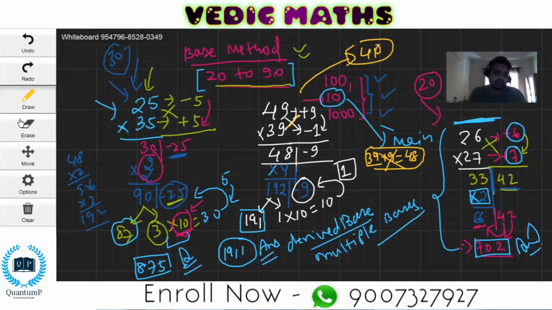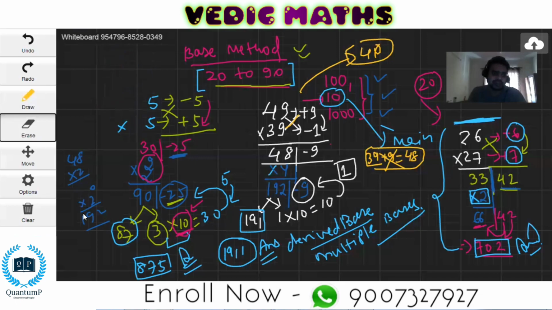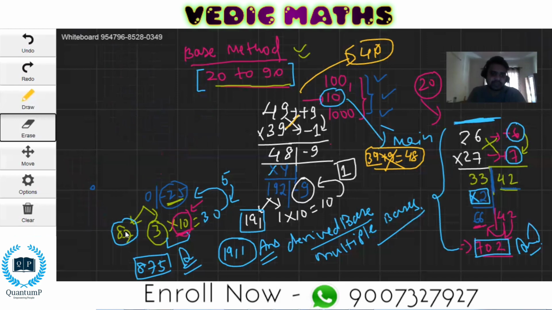So now I'm just removing all these sums. Now I'm moving on to other bases. So after seeing these 20, 30 and 40 bases, we are interested in 50 base, 60 base, 70 base, and till 90 actually.